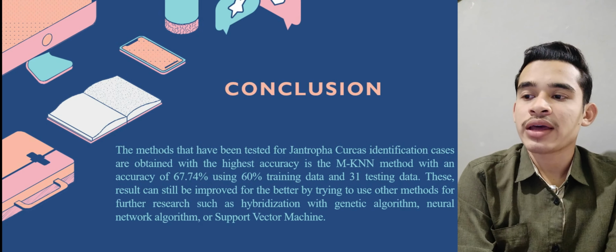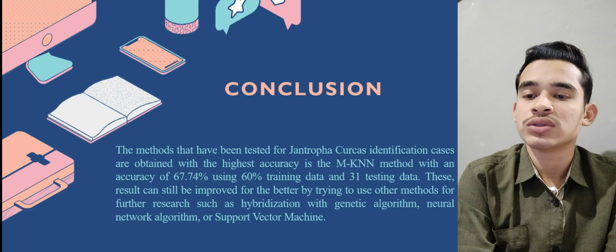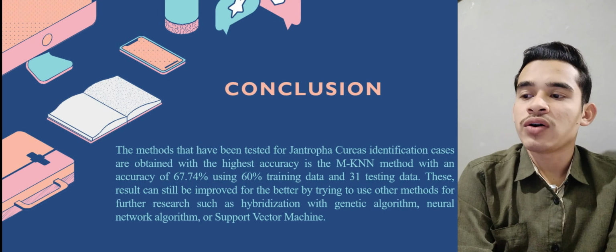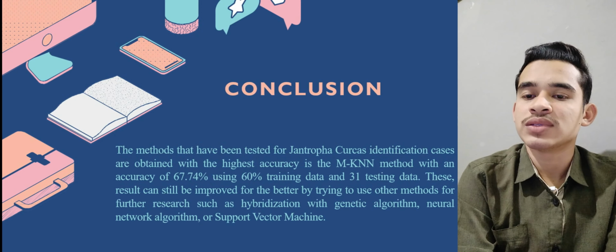This result can still be improved by training tools. For further research, other methods could be chosen, such as a hybridization with genetic algorithms, neural network algorithms, or support vector machines.